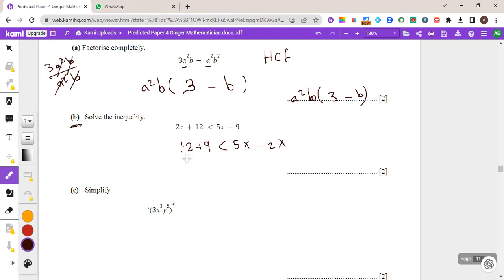So 12 plus 9 equals 21. 5x minus 2x will be 3x, so 21 over 3, so the value of x will be 7. So x is greater than 7. X is greater than 7. Okay, guys, 1 minute, I will come back.